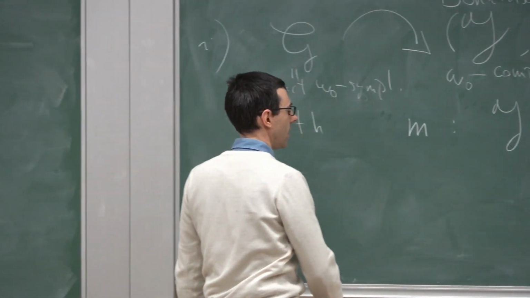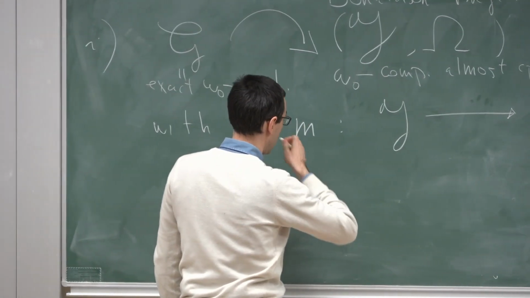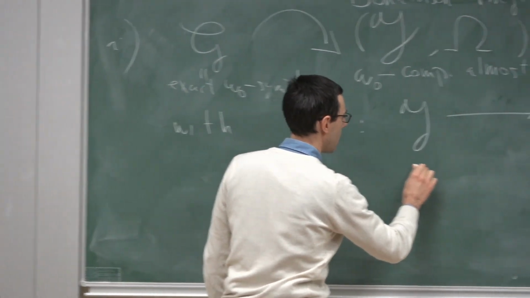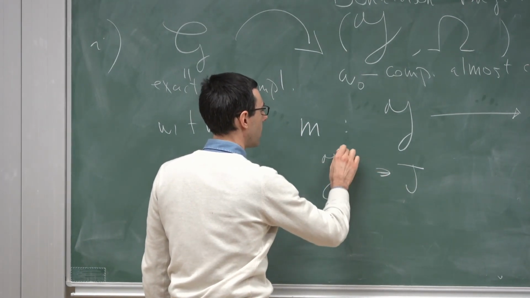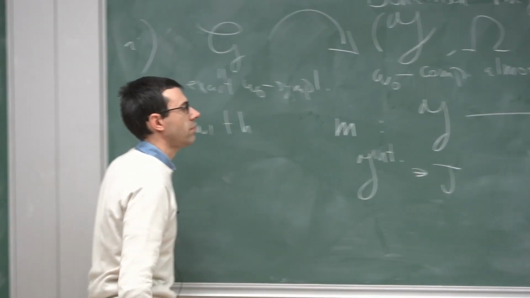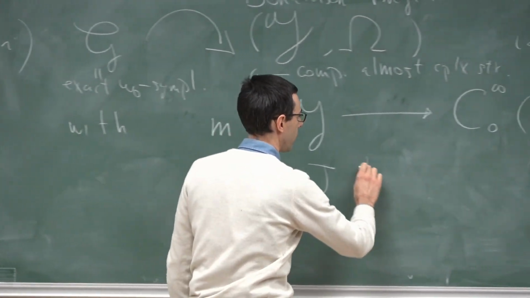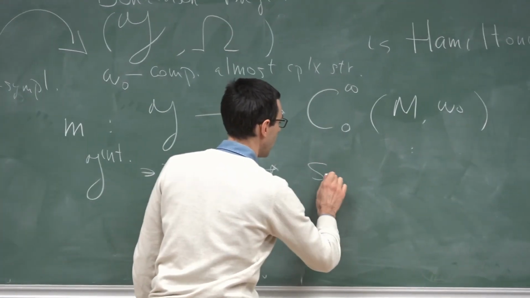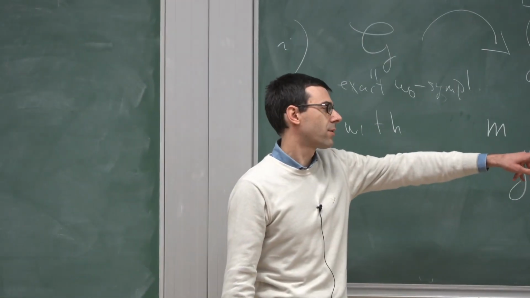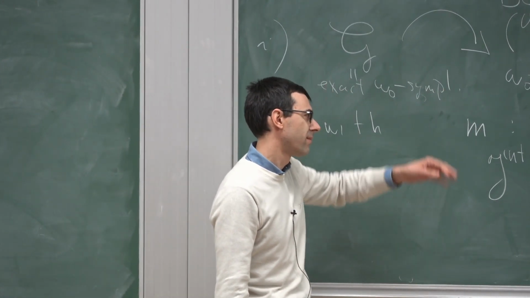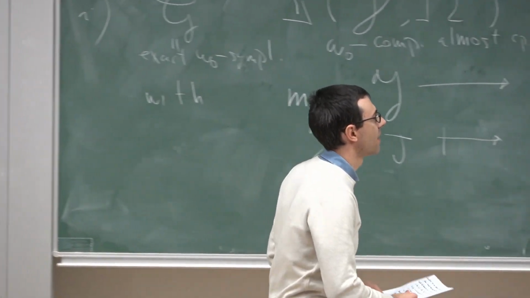And so if you fix a J, which is actually inside the integrable locus, this is mapping to the usual Riemannian scalar curvature. Sometimes yesterday I just wrote S. Maybe I should just call it scal, so it's clearer.